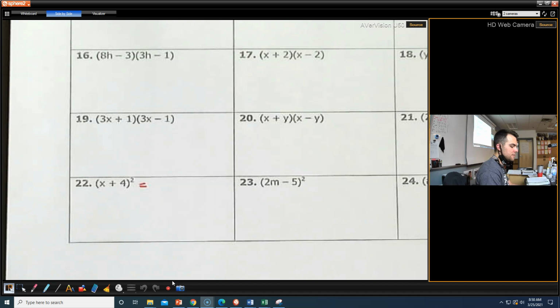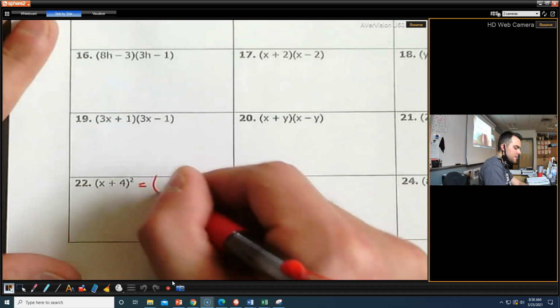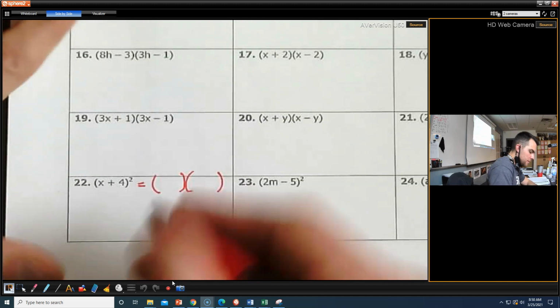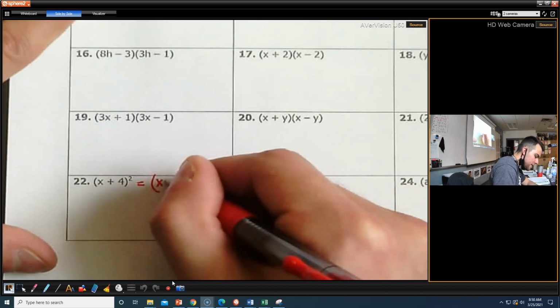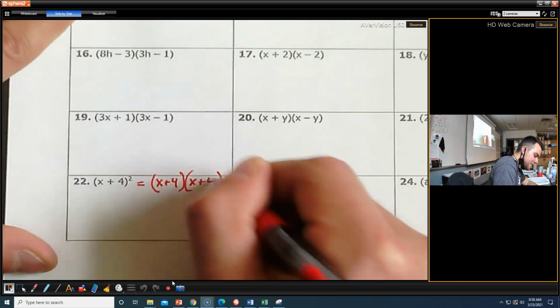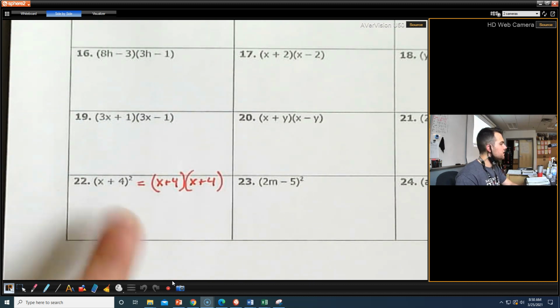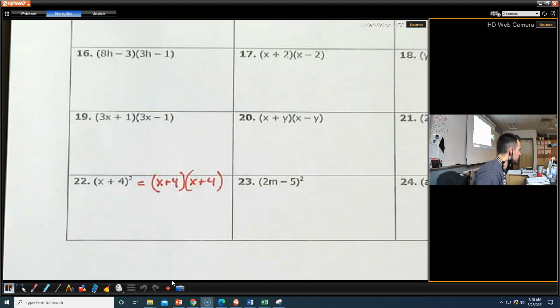How would I rewrite, like, 3 squared? Richard, you got it? X plus 4 times x plus 4 is the same thing as x plus 4 squared, is it not? Yeah, it's the same exact thing.